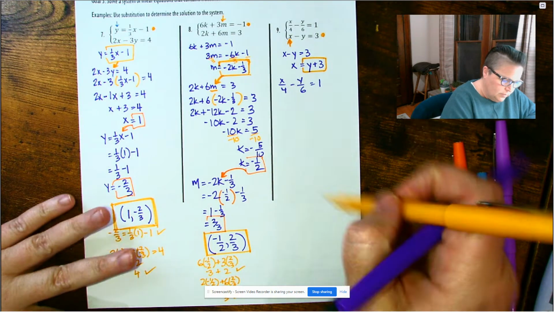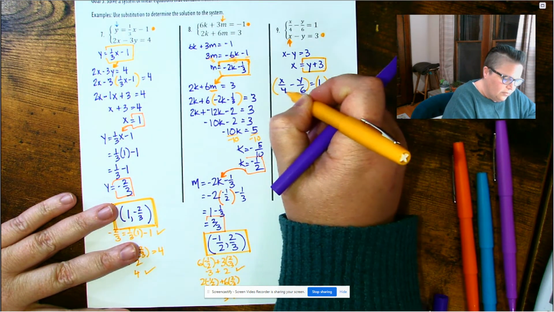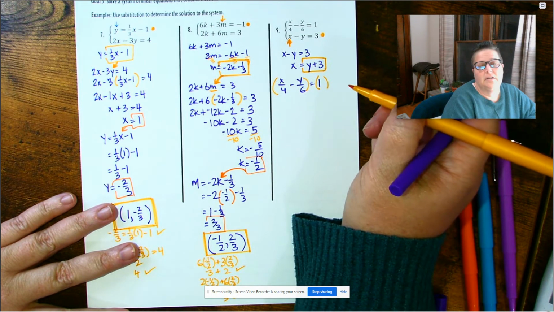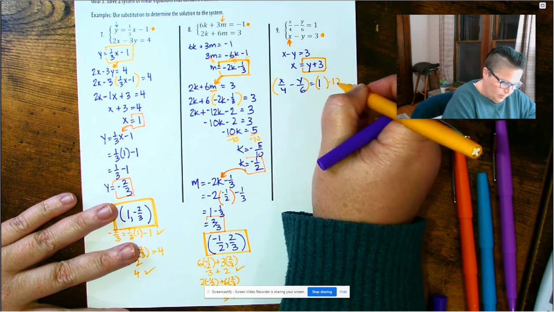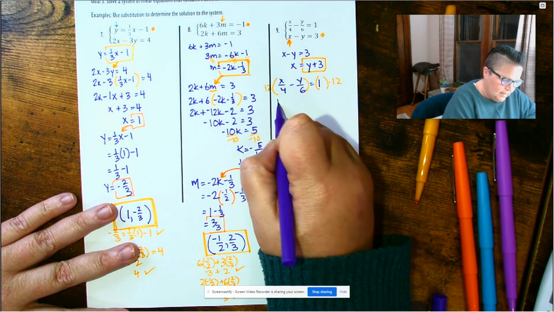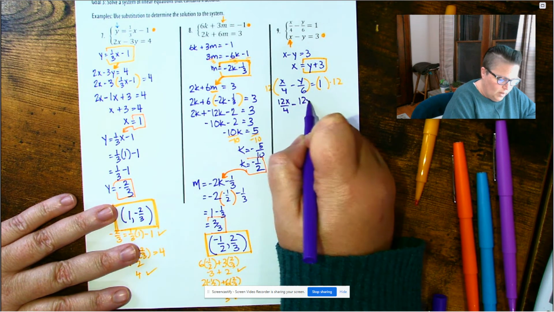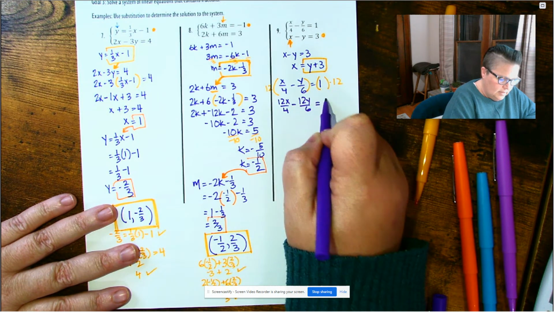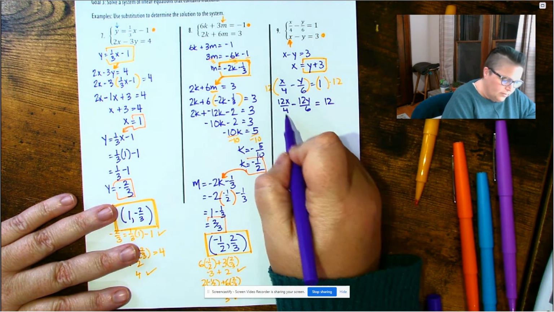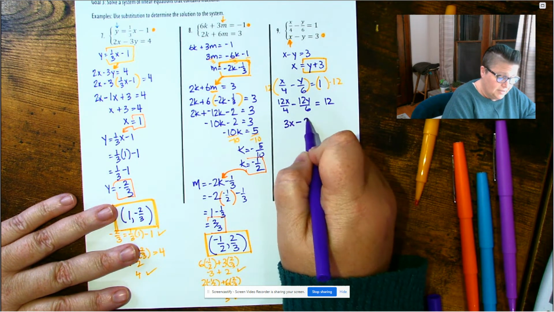And we're going to multiply by the LCD. So the lowest common denominator for 4 and 6 is going to be 12. So I'm going to multiply both sides here by 12. And that's going to give me 12x over 4 minus 12y over 6 equal to 12. 12 divided by 4 is 3x. 12 divided by 6 is 2y.